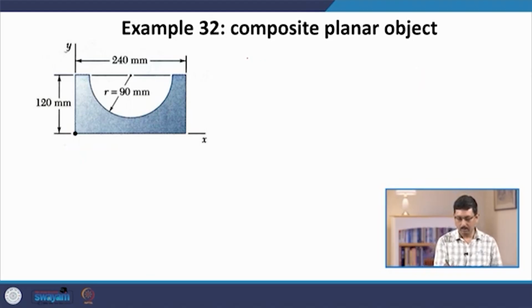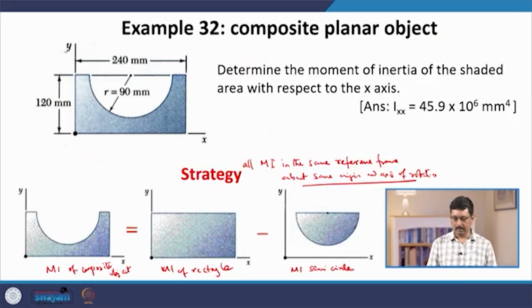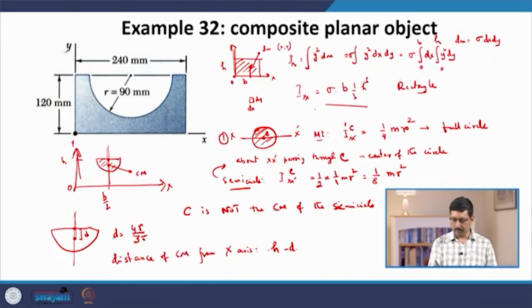We want to know the Ixx of the composite object, that is the moment of inertia about the x axis of the composite object, which is the moment of inertia of the rectangle minus the moment of inertia of the semicircle. So, we have derived the moment of inertia of the rectangle and of the semicircle here.